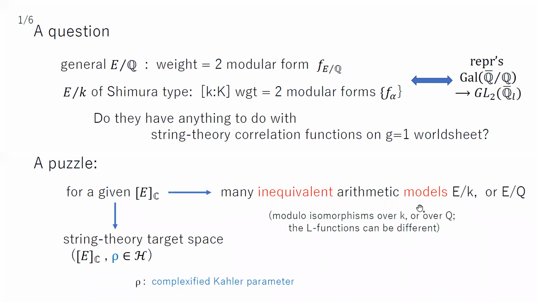So at least apparently, the L functions and Galois representations, and string theory, seem to capture totally different information. Even though there is apparently a common modular transformation, those two categories may have nothing to do with each other. That's a possibility, but still it's a natural, interesting question to ask.